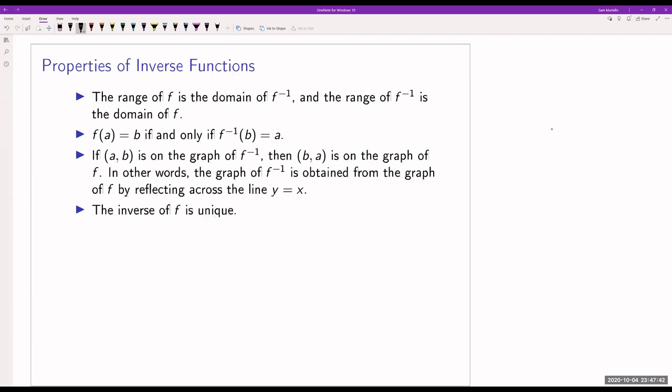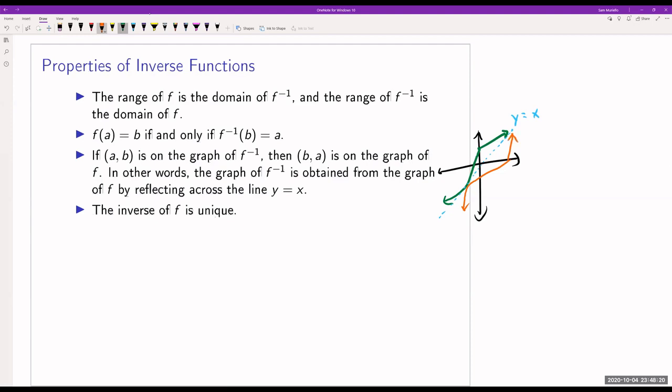Now, the next property is very cool to see what an inverse would look like on a graph. So let's go ahead and make up a function f for a moment. Let's say that this is my function f. In terms of the inverse, I can obtain it by reflecting across the line y equals x, which means that I will have something that looks like this.